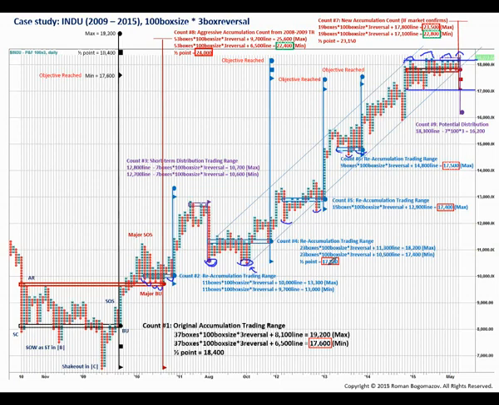So the next stepping stone, which is in 2012, can't get back to the lows, but notice how it comes out of the top and puts in an upthrust, and then it has a very sharp decline that goes down not to the lows of the stepping stone, but far enough that it's disconcerting to the average investor.